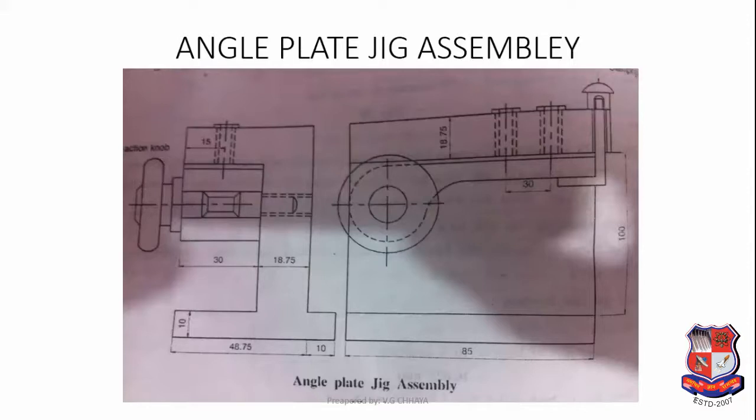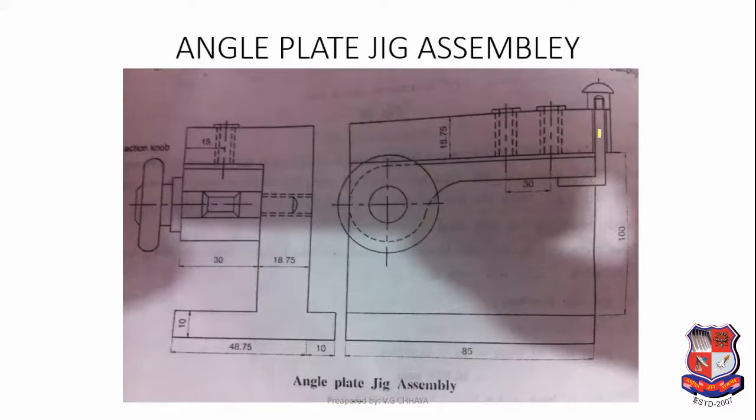Now to design angle plate jig we need to first understand assembly of angle plate jig. Here component is located at surface of angle plate jig with the help of clamping knob and locating device. We have used quick acting knob as a locating device.